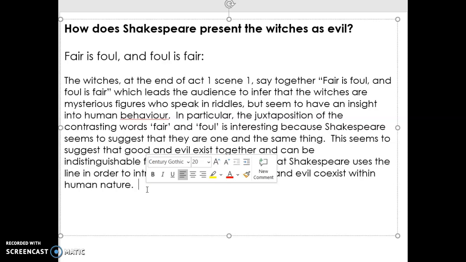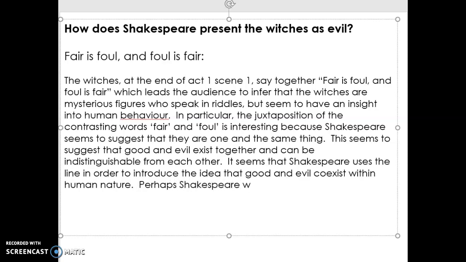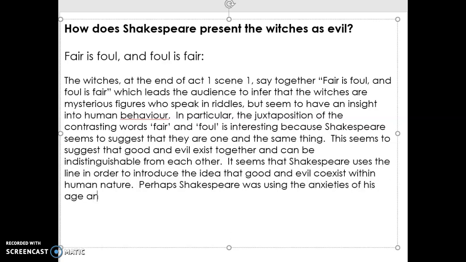So I'm going to add a second sentence to develop that. So I'm going to say here, perhaps, and again I'm being tentative because I don't know, Shakespeare was using the anxieties of his age and the fears of witchcraft to create a powerful symbol on the stage.